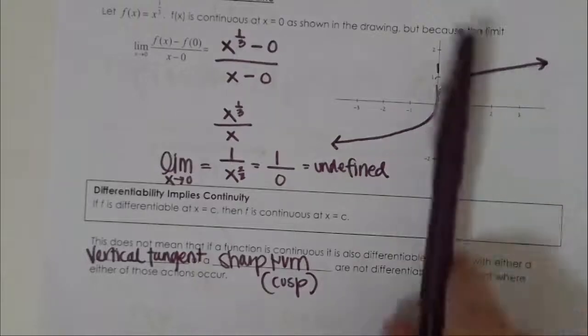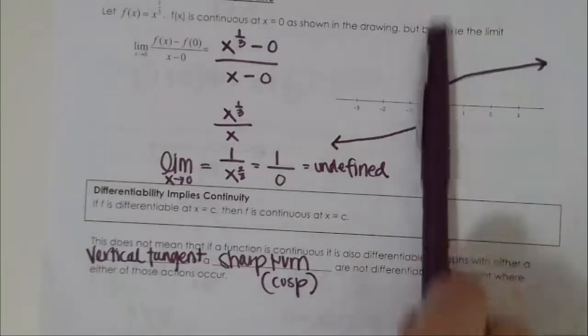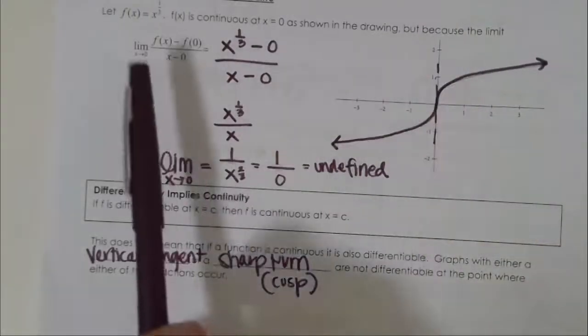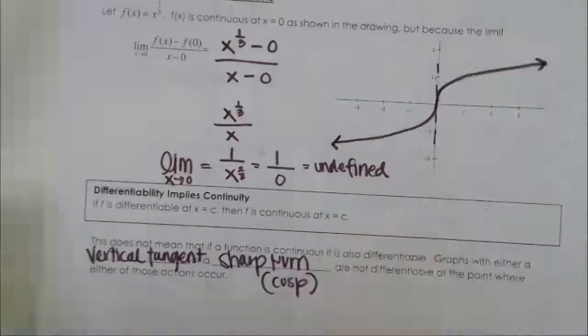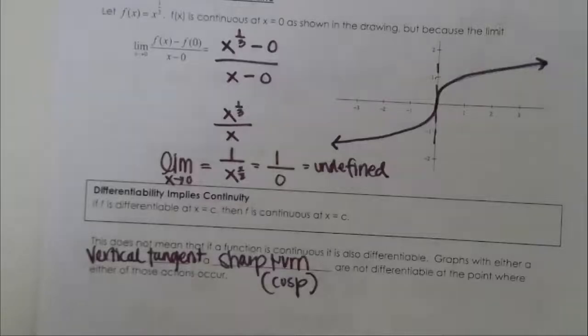So that undefined slope that we found using that limit, or the sharp turn where the limits do not match on the left or right, is what this is talking about. So the derivative will fail to exist there.